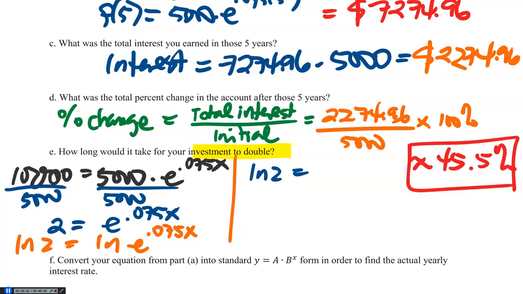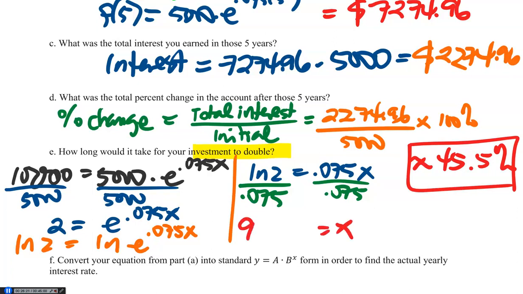As ln 2 is equal to 0.075 of x, and then divide both sides by 0.075, so that x is approximately equal to 9.24 years.